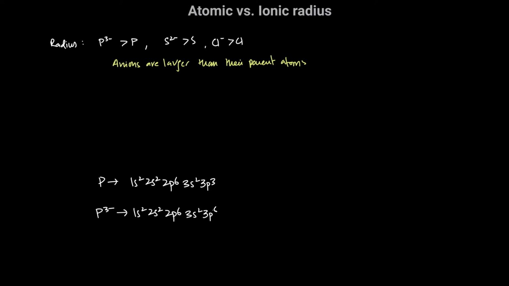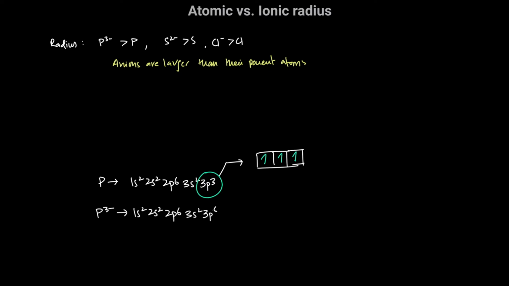If you just look at the outermost subshell, the highest energy subshell, which is the 3p subshell, in the atom all the electrons are unpaired.